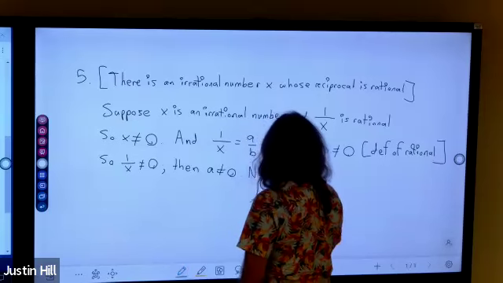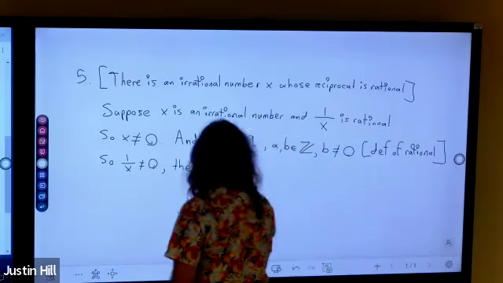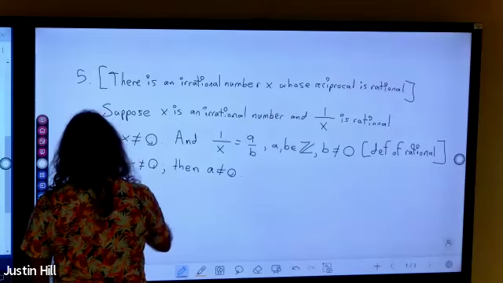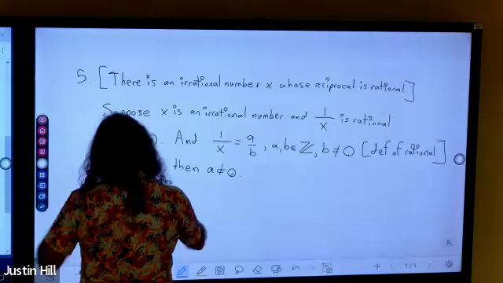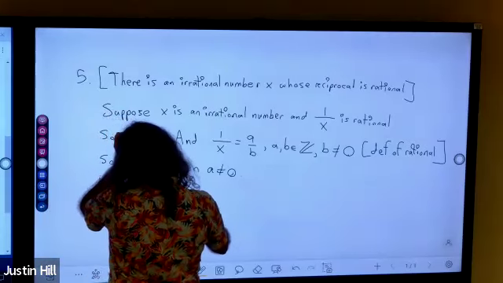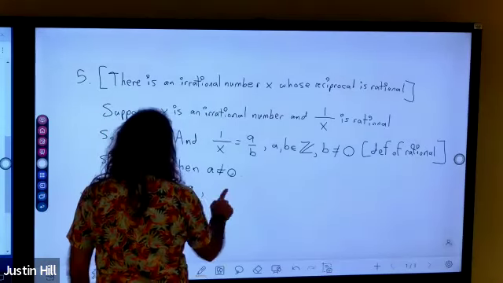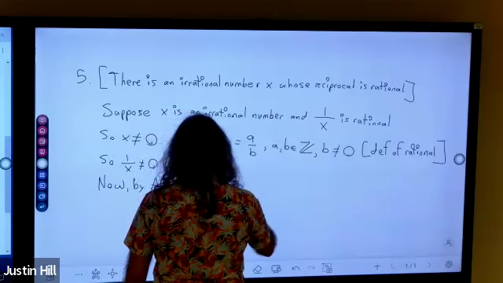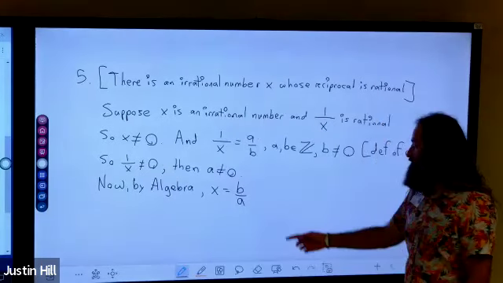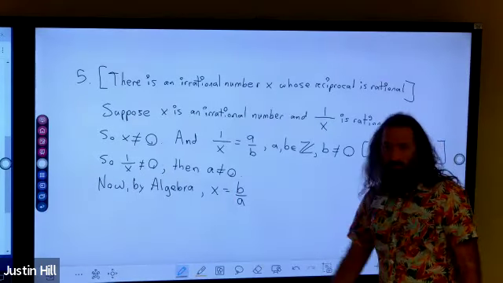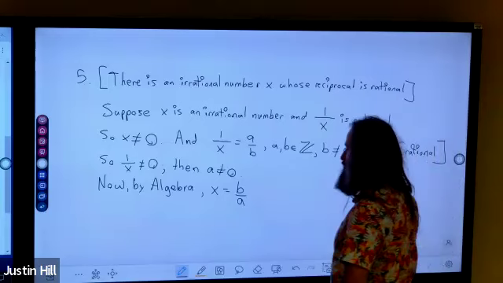So now we can say something like we were saying before. By algebra, x equals b over a. And notice that now x is an integer divided by an integer, and the bottom integer doesn't equal 0.